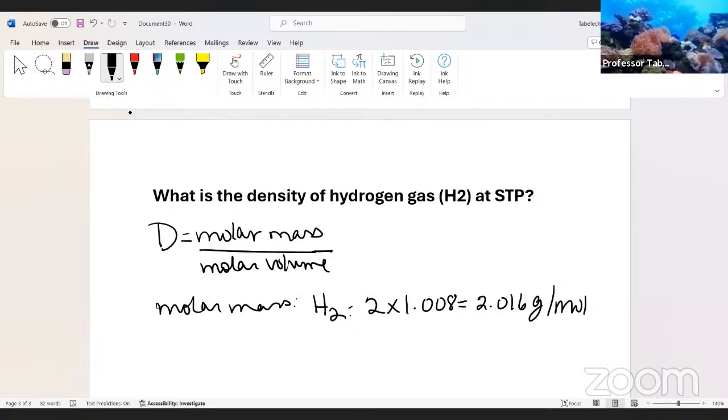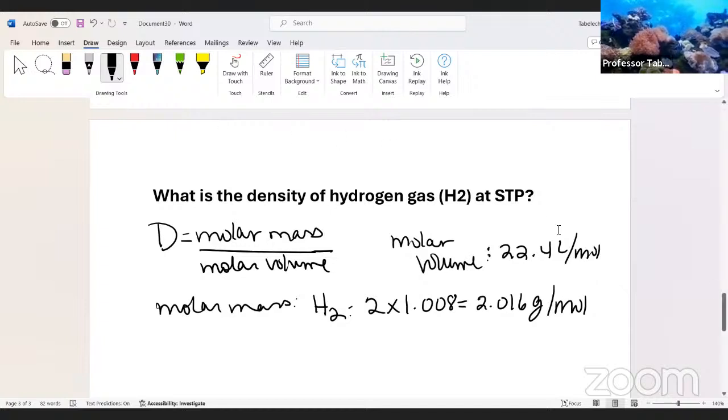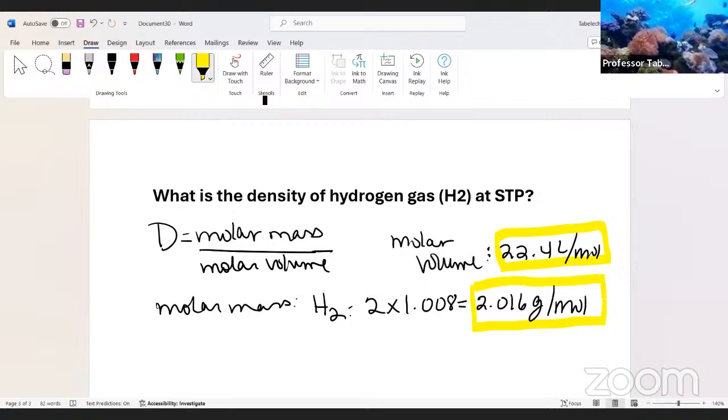Now, all you need to do, again, is use the molar volume, which is 22.4 liters per mole. Remember, we talked about that before as well. You're going to use both of those values, the 22.4 liters per mole and the 2.016 grams per mole.